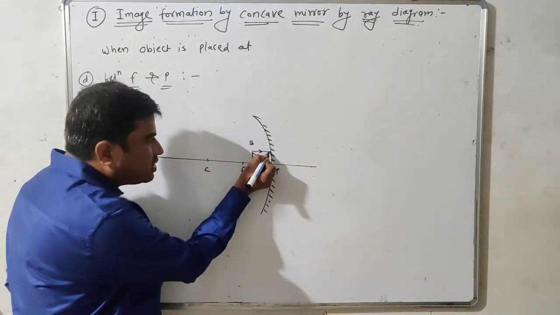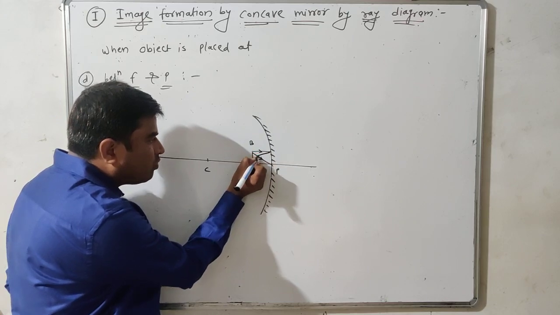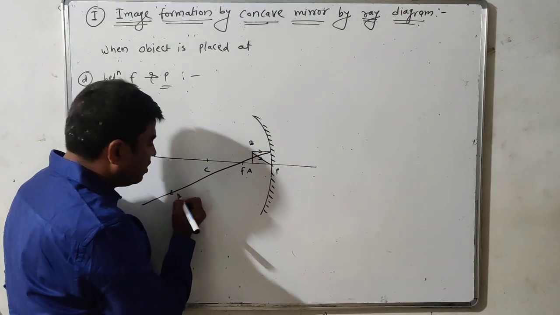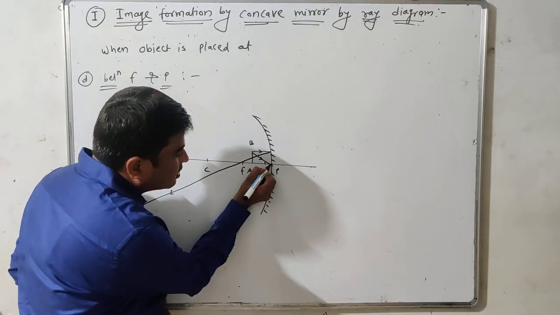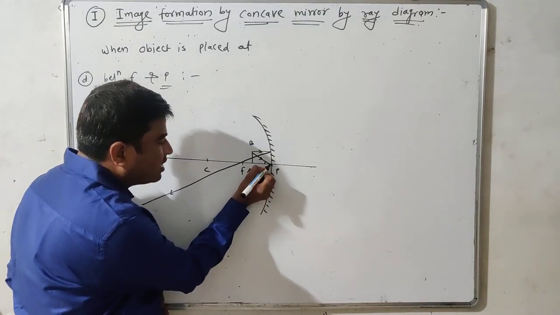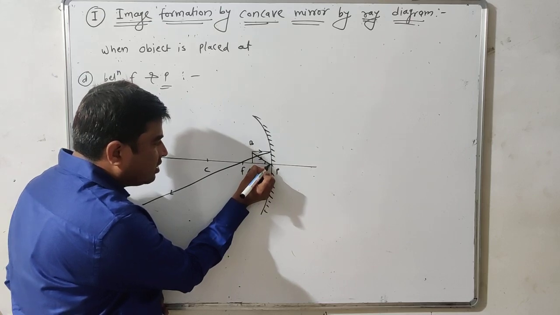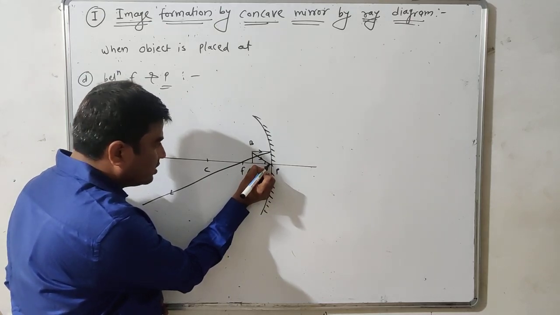So after reflection, this ray will pass through focus and travel along this direction, and this ray will be reflected by this mirror such that angle of reflection will be the same as angle of incidence. Therefore it will move like this.